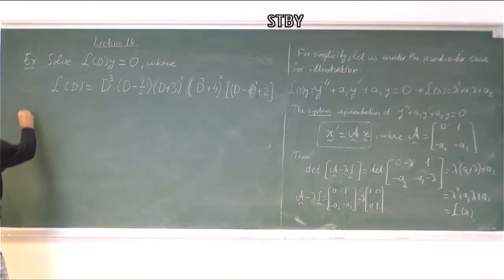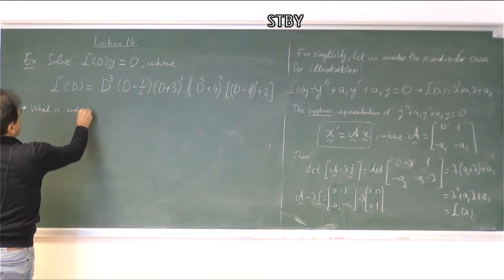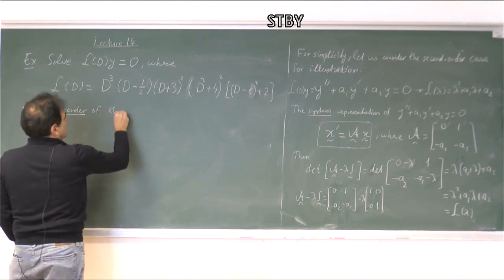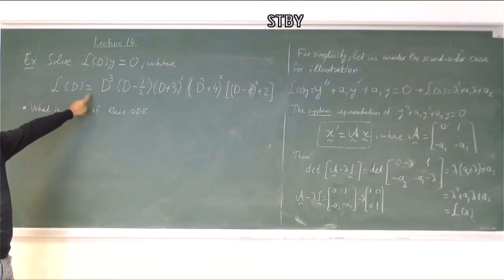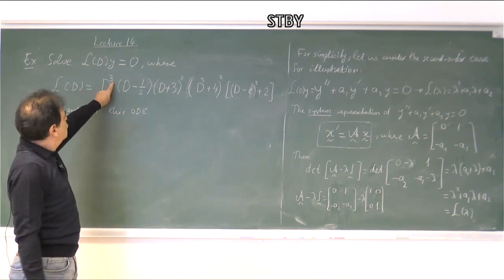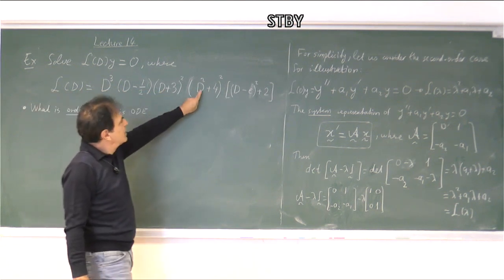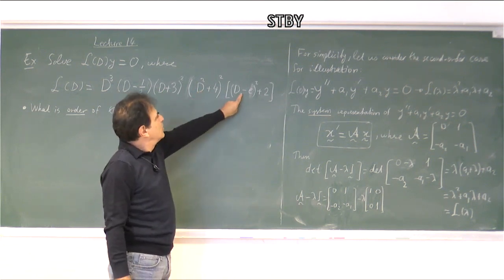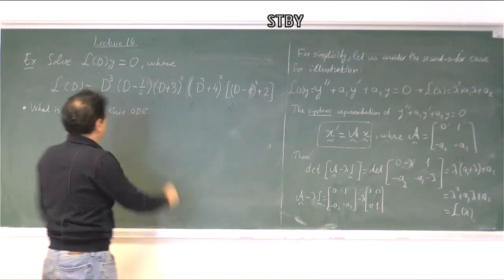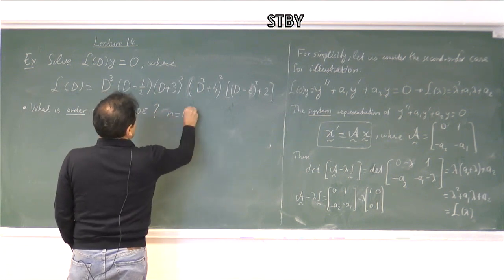Okay? So first of all, what is the order of this ODE? Look, it is the degree of L of D. So what is the degree of L of D? 3, 4, 5, 6, plus 4, 10, plus 2, 12. So the order of this ODE is 12.